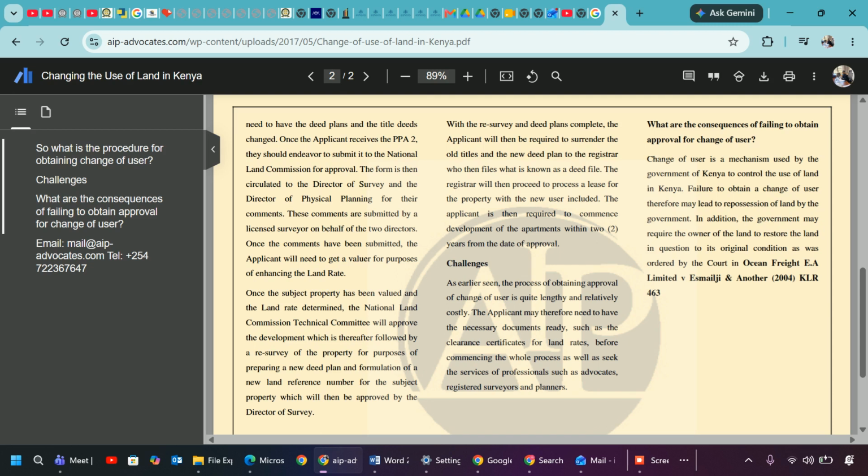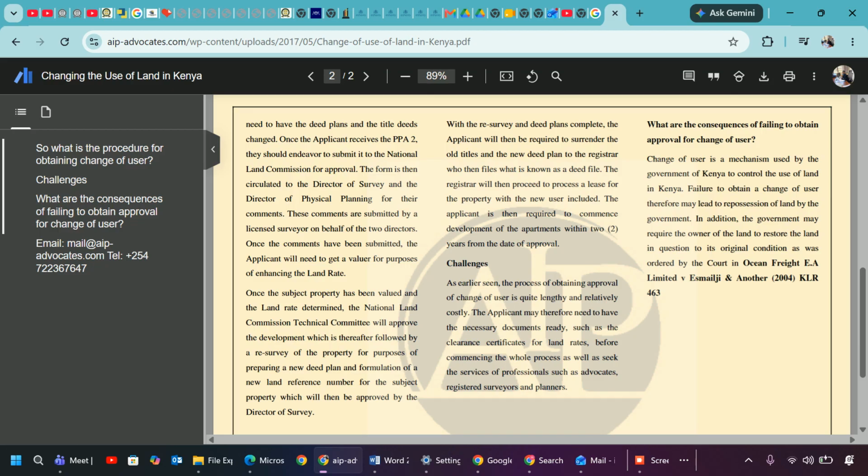So it is this National Land Commissioner that created this National Land Commission Technical Committee to sit down, resurvey the property for purposes of preparing a new deed plan, and formulate a new land reference number for the subject property, which will then be approved by who? Director of Survey. So the Director of Survey is the one to approve the new land reference number.